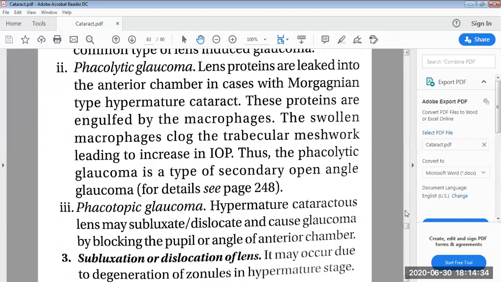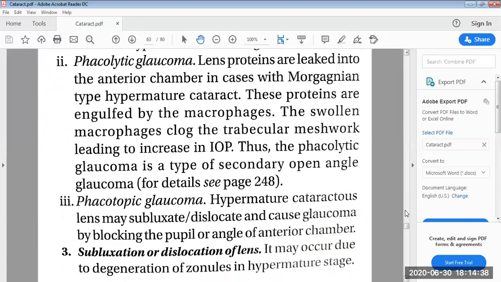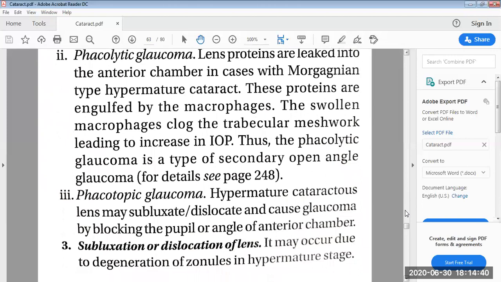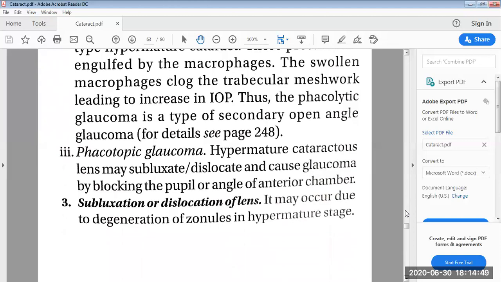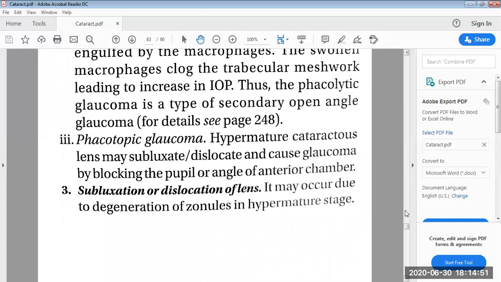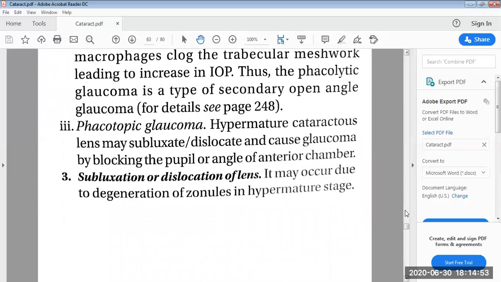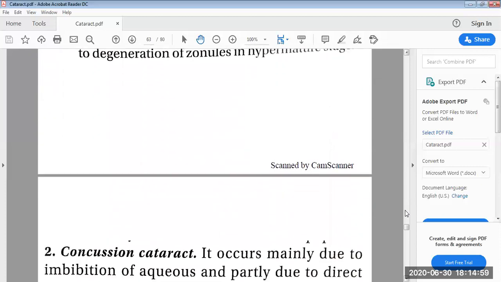The third type of lens-induced glaucoma is the phacotopic glaucoma. The hypermature cataractous lens may subluxate or dislocate and cause glaucoma by blocking the pupil or angle of anterior chamber. Then third complication of senile cataract is subluxation or dislocation of lens. It may occur due to degeneration of zonules in hypermature stage.